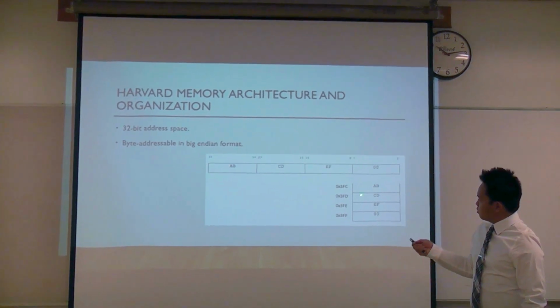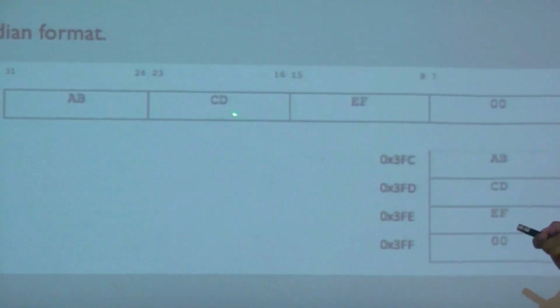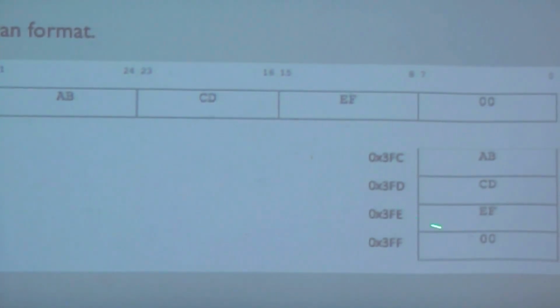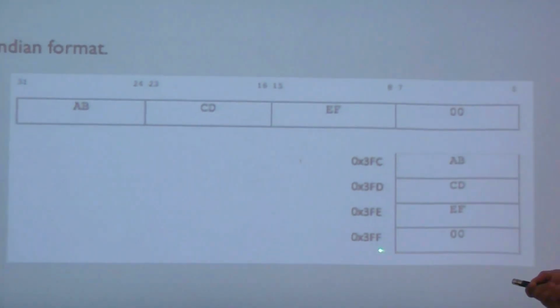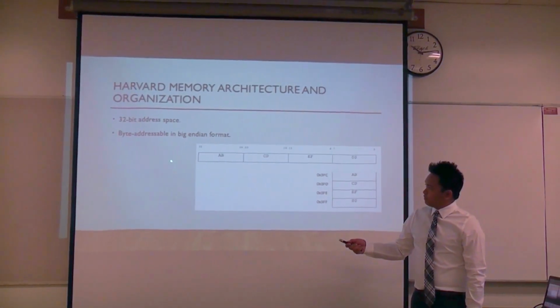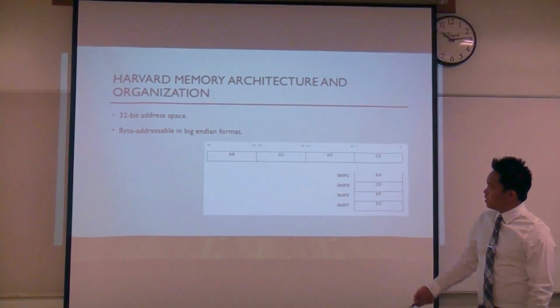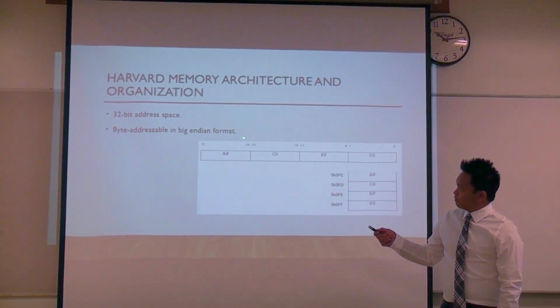For example, at 3FC we have AD, 3FD will have CD, 3FE will have EF, and 3FF will have 00. There is also a little endian format, which is reversed. Obviously the little end will be at the lower address. However, we are big endian format.